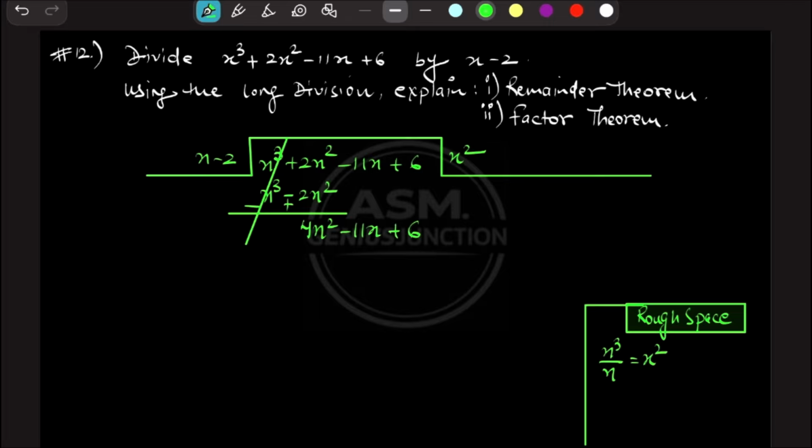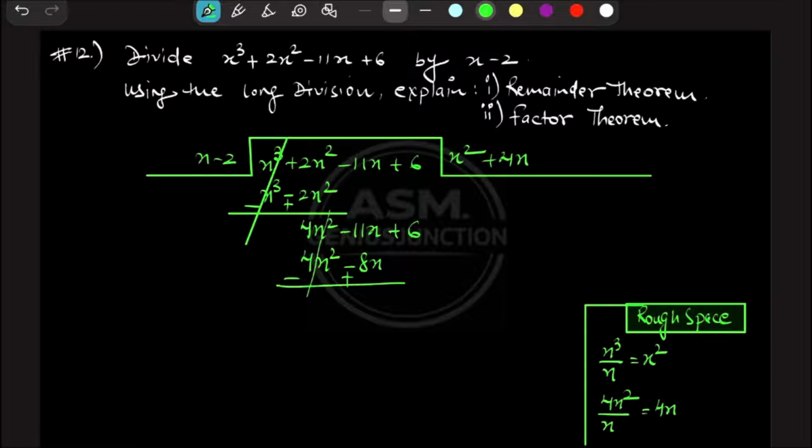In step number 2, I need 4x square and I have x with me, so I need to multiply it with 4x. I will write 4x over here. Multiplying, I get 4x square minus 8x. Again, there will be a change in sign, 4x square gets cancelled, and this becomes minus 3x plus 6.